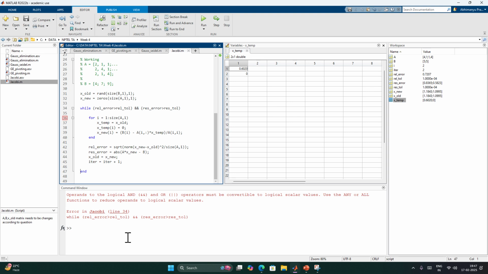What is the issue? Operands to the logical and or operators must be convertible to logical scalar values.